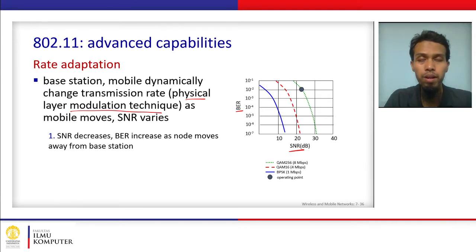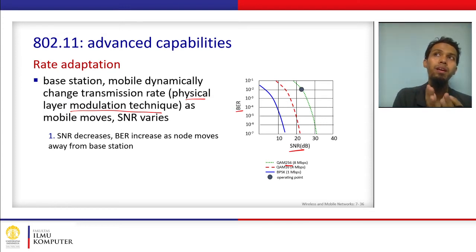The error rate becomes very high, because with 256 QAM we are using 8 bits per symbol. So the probability of getting an error is very high, because in one symbol there are 8 bits. Just 1 bit error, and the whole symbol is in error. It doesn't matter whether we have an error in 1 bit or in all 8 bits. So just calculate how many errors we would probably get.